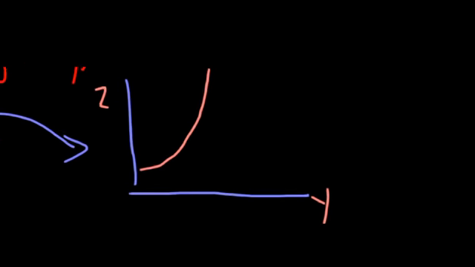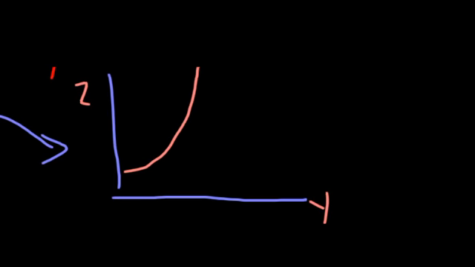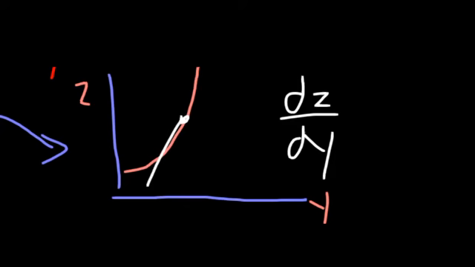The partial derivative is going to be the derivative of the function g, or let's say z for simplification, over dy, which is, let's say at this point, this tangent line.